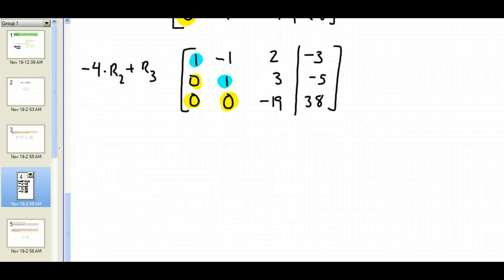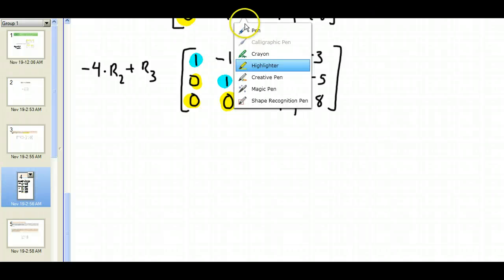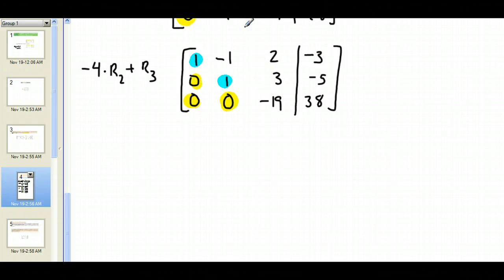And then what's the last thing I want to do? I want to make this a 1. You want 1s on the diagonal if you can get them on the diagonal. So the last thing I need to do is take row 3 and divide by negative 19. We want a positive 1 there.